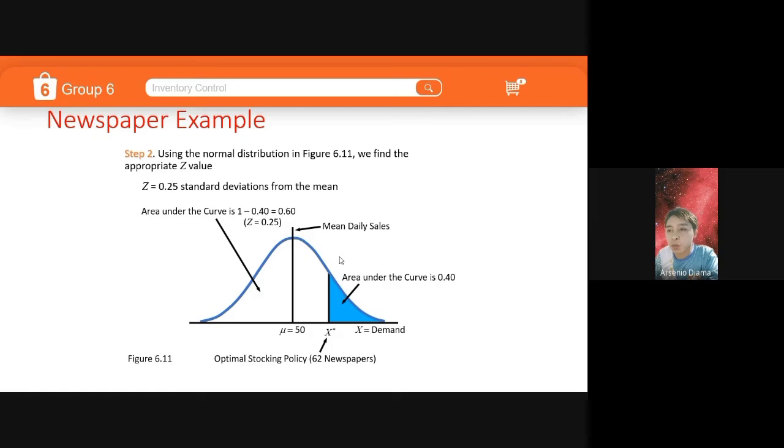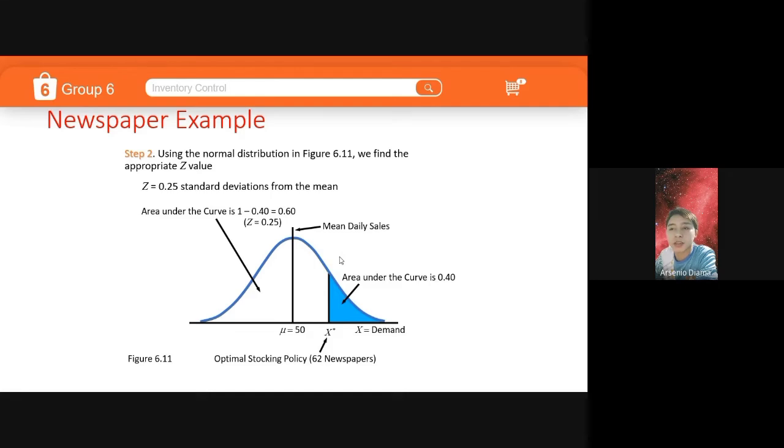Step 2. Using the normal distribution table, we find the appropriate Z value. Z is equal to 0.25 standard deviations from the mean. Then the formula to determine the area under the normal curve is 100% or 1 minus the probability of optimal stock, which is 0.40, equals 0.60.